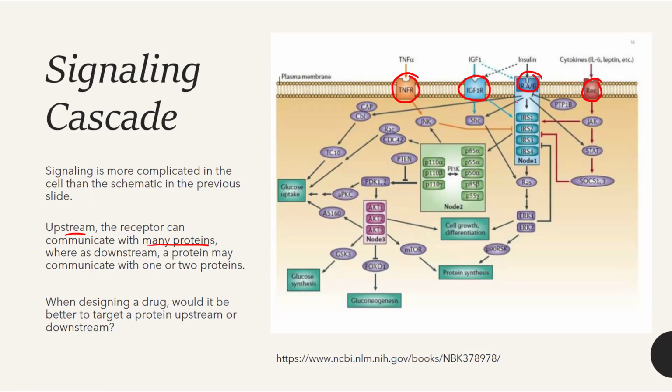If we take this IRA/B, that's the insulin receptor protein, and it's going to be able to interact with this protein right here, this protein right here, or this protein right here. Now, downstream, a protein may only communicate with one or two. If we think about this over here as our upstream, then IR, the insulin receptor protein, is really only going to interact with insulin.